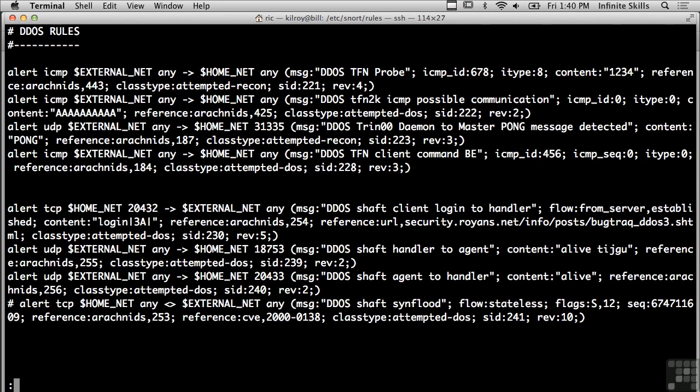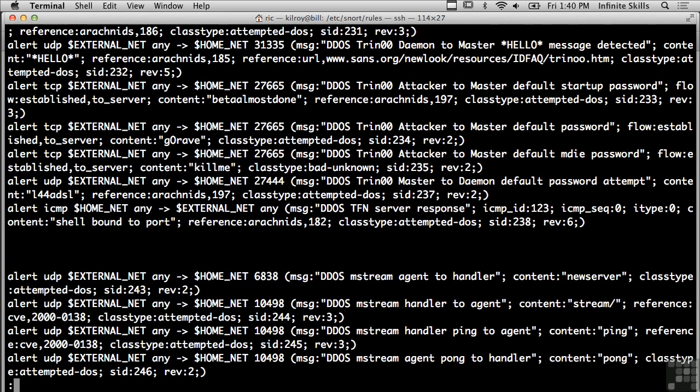Some of these rules get pretty dense and difficult to follow, although they are written mostly in English. If you understand networking and the different types of attacks and network protocols, you should be able to read these reasonably well. Like down below, you can see that we're alerting on TCP, and we're also doing some alerts on UDP. So these are just some of the rules that get stored in Snort, which again is this intrusion detection system.